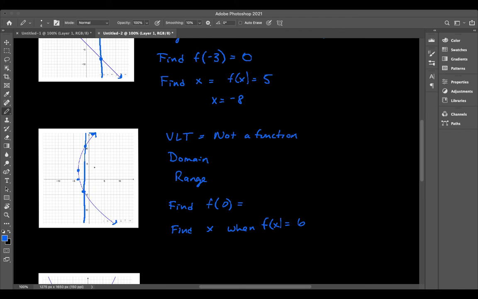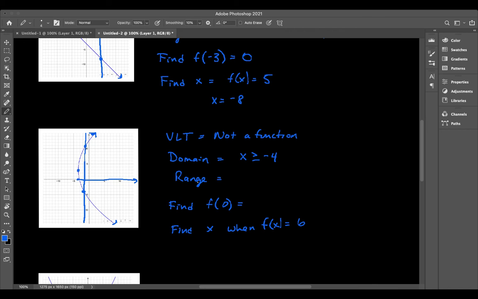It's going to continue going on bigger and bigger. So from -4, the domain would be x greater than or equal to -4. Anything bigger than -4 is part of the domain.